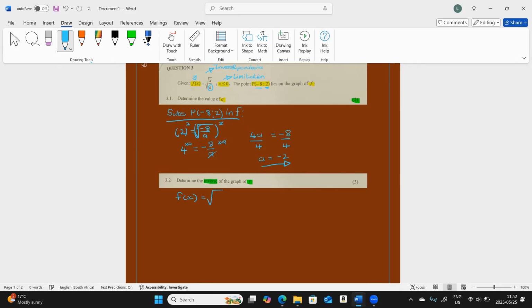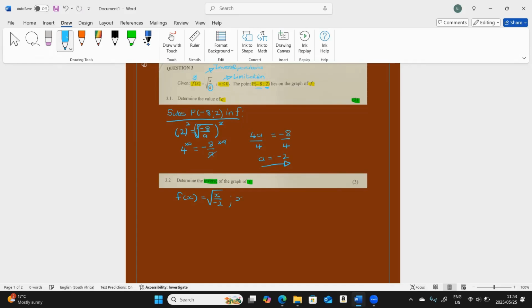the square root of x over, remember we just calculated, please do not write A, you just calculated a value for A, so it would be x over negative 2. But guys, please remember this: together with this, you have to write the limitation as well. This is something that you guys forget.